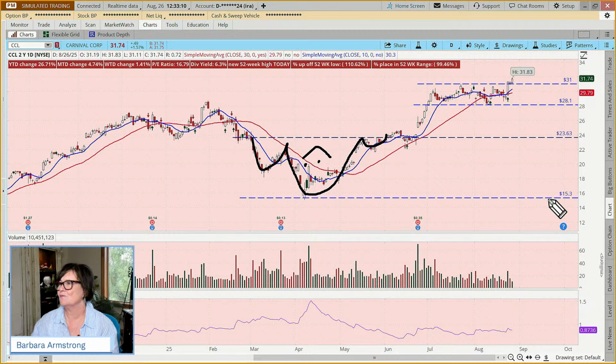And when this broke out, it went from 15 to 23. That's an $8 move. How much of a move did this make? Well, it went from 23 to 31, almost 32. So that's almost an $8 move.